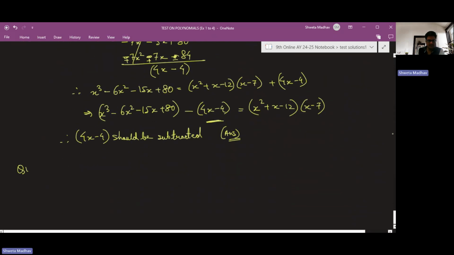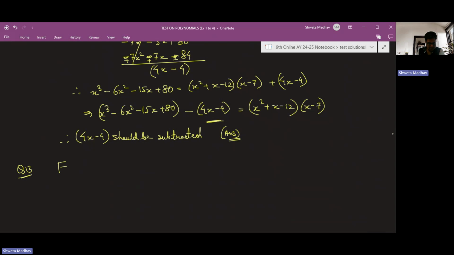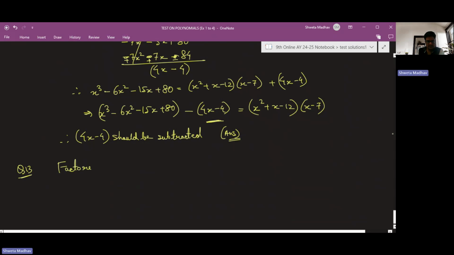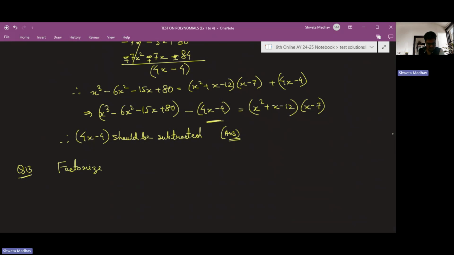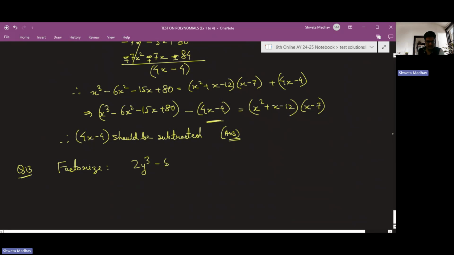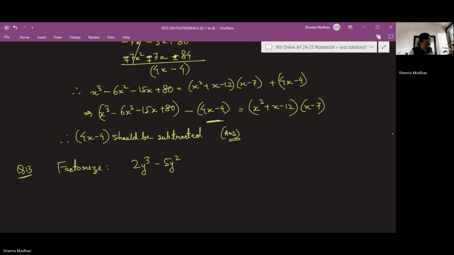Then in question number 13, it has been told to factorize this one. Factorize the expression 2y power 3 minus 5y square minus 19y plus 42.